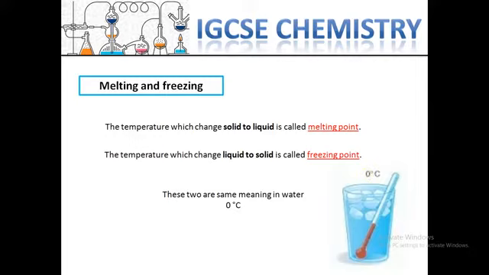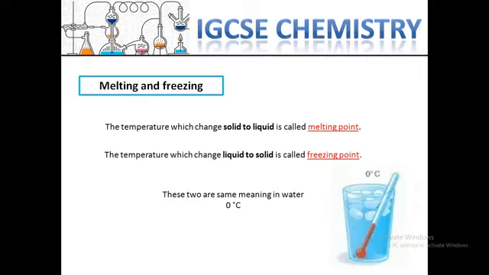It is different for methanol, ethanol, hydrochloric acid, sulfuric acid, and many other chemicals. The melting point is the temperature at which a solid can change to liquid.